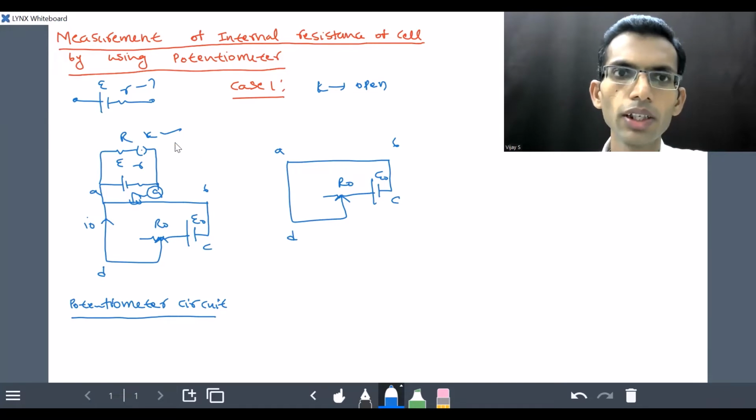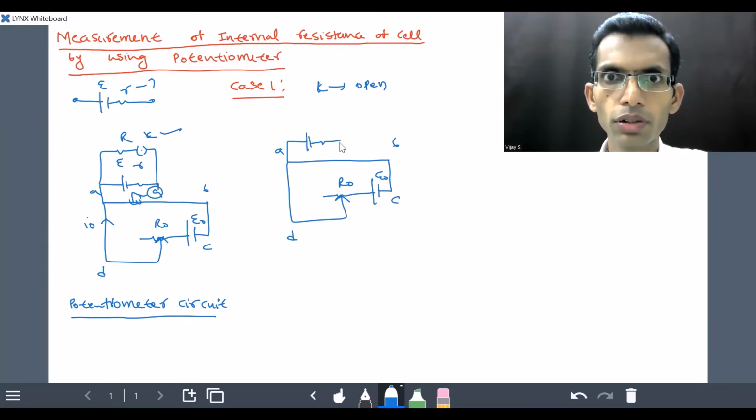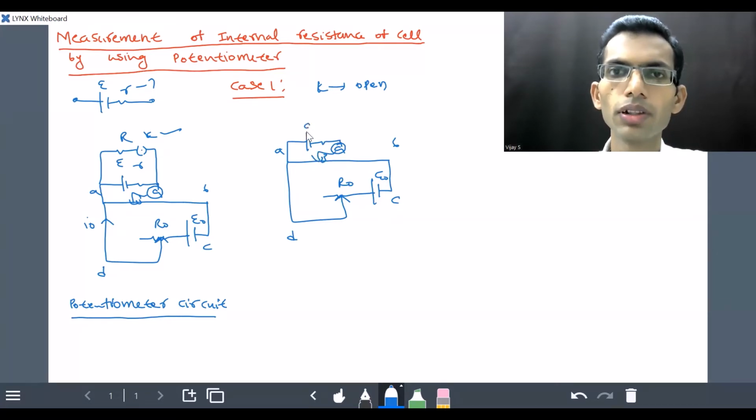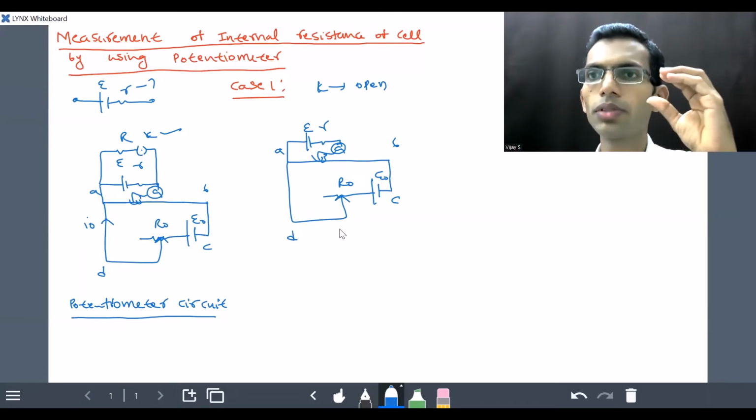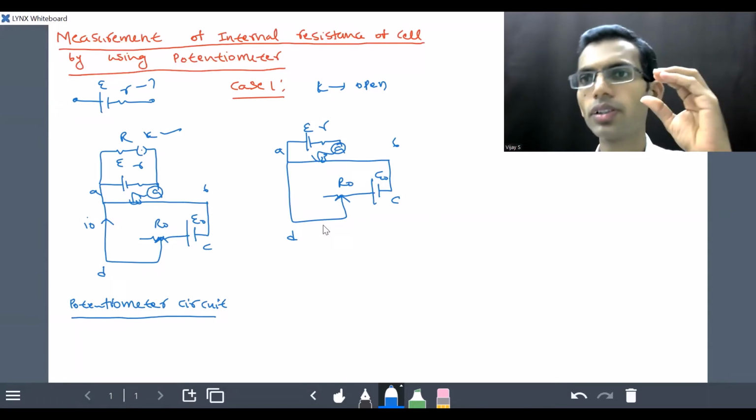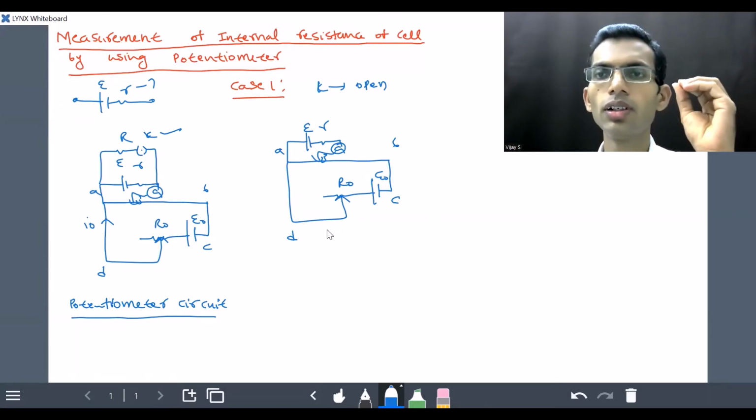Here when K is open, there will not be any current through R. So only cell and galvanometer are going to be connected to the main circuit of the potentiometer like this. You can see this circuit becomes identical with the circuit that is used to measure the EMF of the cell by using potentiometer. Clear?